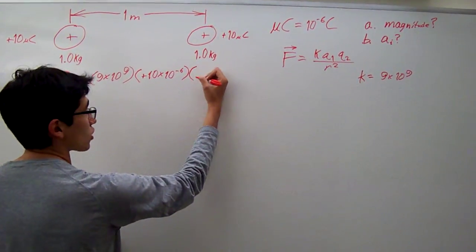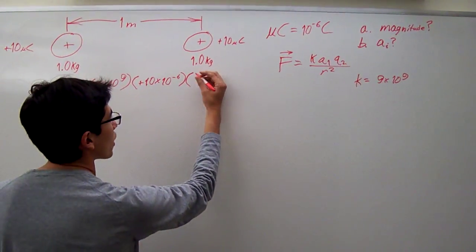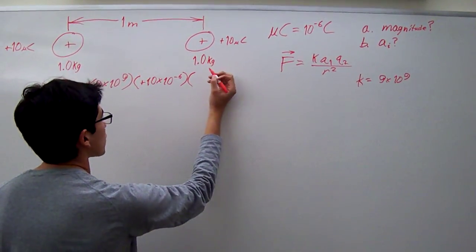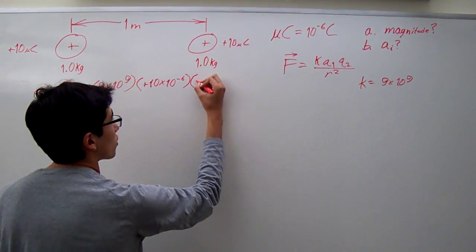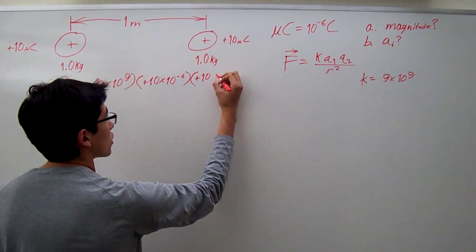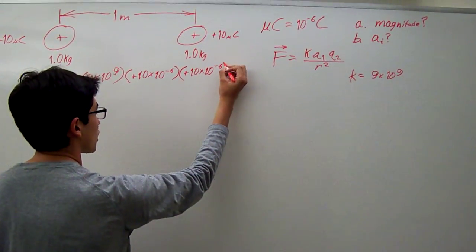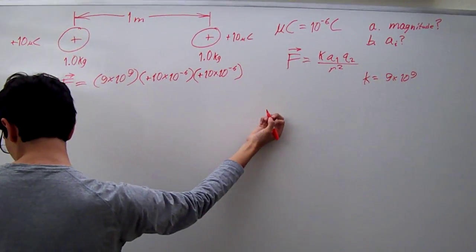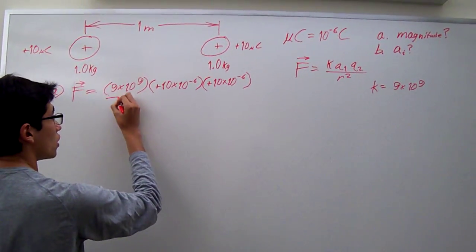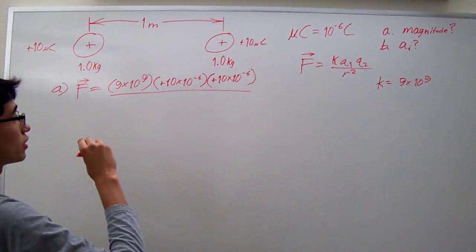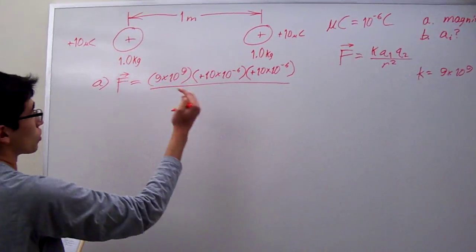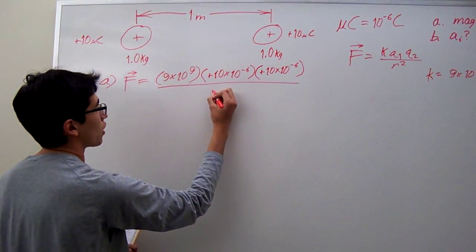Sorry for leaving off the units here. Times the charge of the second one, which is another plus 10 times 10 to the negative 6. And that is all over the distance between the two, which is 1.